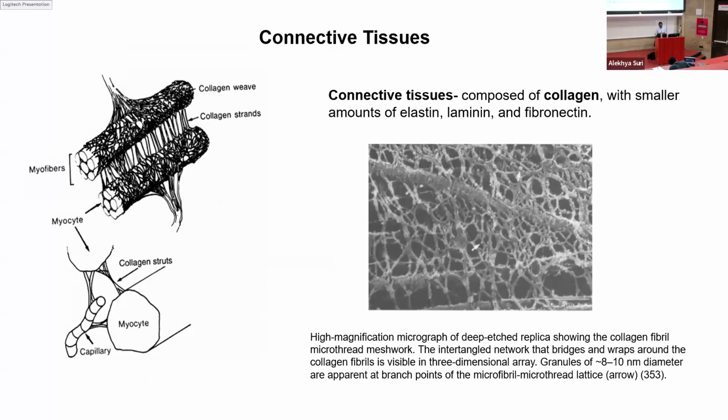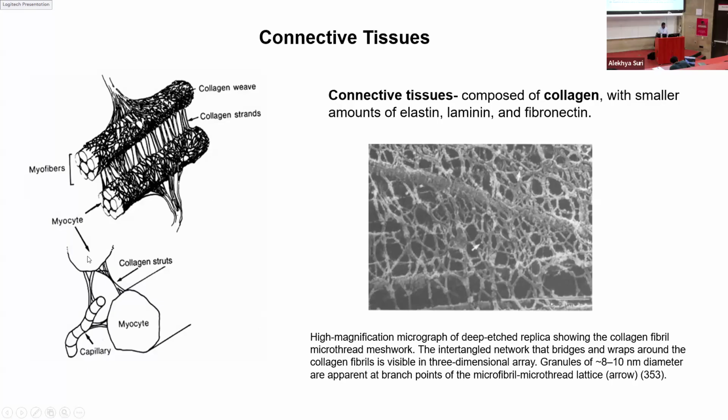So in addition to the sarcomeres, you will also see a large amount of connective tissue in the cardiac muscle, which is composed of collagen. So you will see all types of collagen, 1 to 10. All collagens are present in the cardiac muscle at different levels. Some of them are in the basement membrane. Some of them link the sarcomeres together.